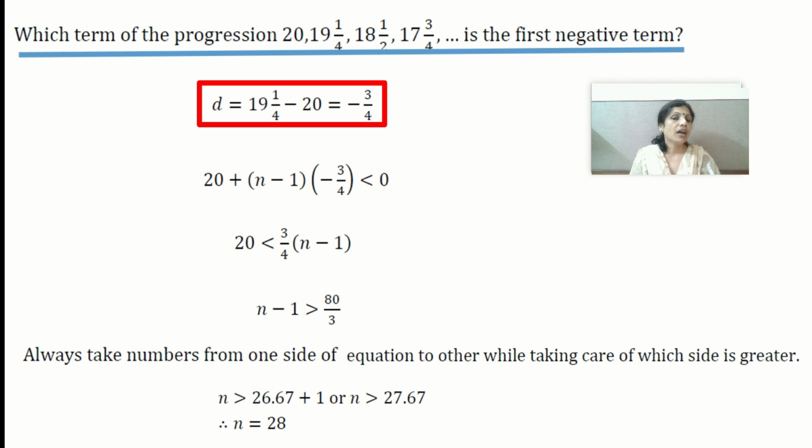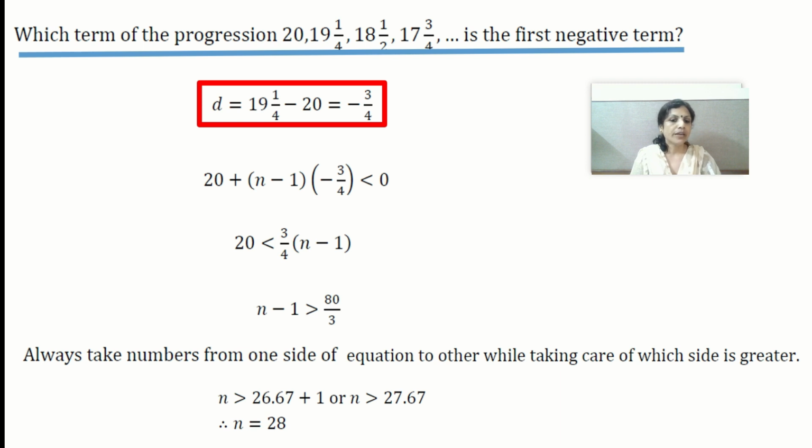Alright, now we have to find out the first negative term. So when we find any term by using the formula an is equal to a plus (n minus 1) into d, since it is negative, this term should be less than 0. So we are using 20, that is the first term, plus (n minus 1), where d is minus 3 by 4, and this whole should be less than 0 because we are finding the first negative term.